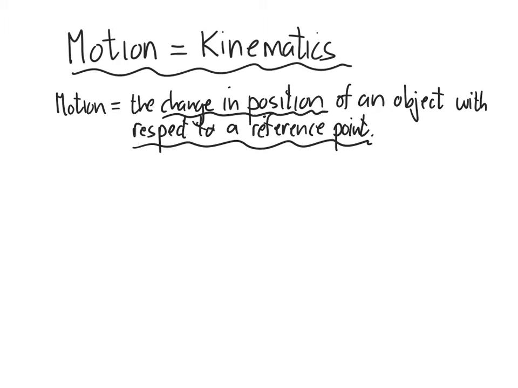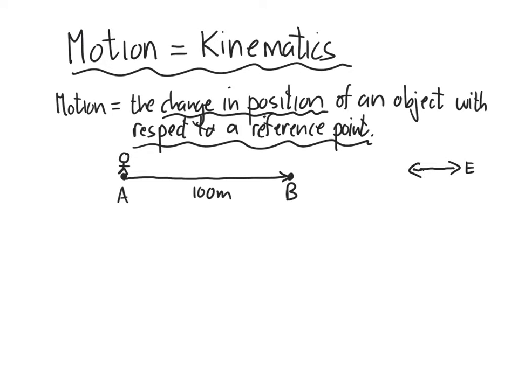So if we have an object, let's say for instance a person is walking from point A to point B, and that distance is 100 meters. And let's assume that the direction in which they are walking is the easterly direction.